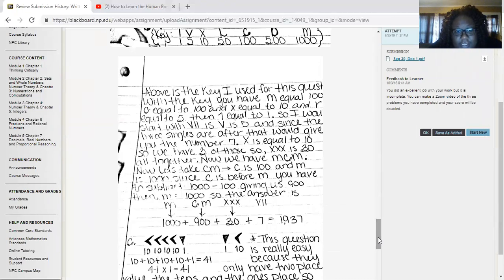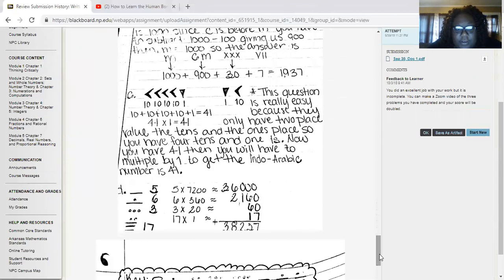So as you can see for that question, we have the M equaling 1,000. We have the C in the M, which is 900, plus the 3 X's, which is 30, plus 7 equals 1,937.